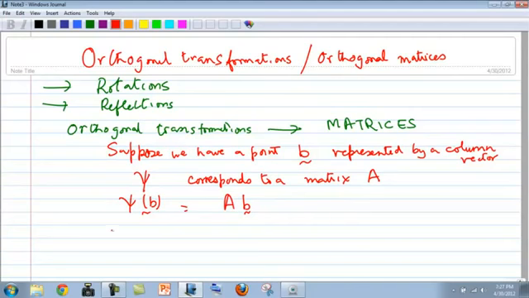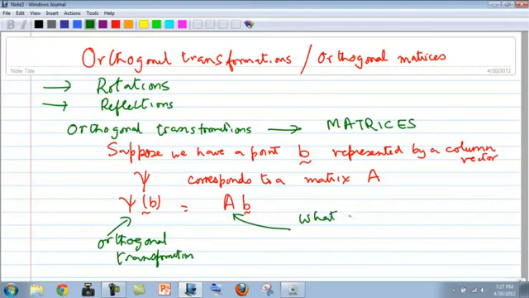So we know that this is an orthogonal transformation, and what can we say about its matrix? As an orthogonal transformation, it has some special properties. What does that imply about the matrix A?